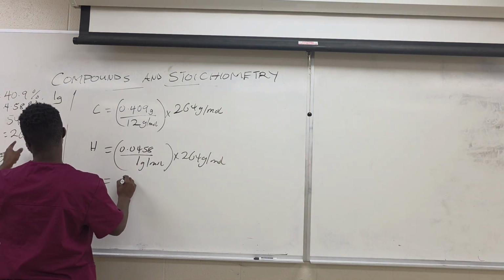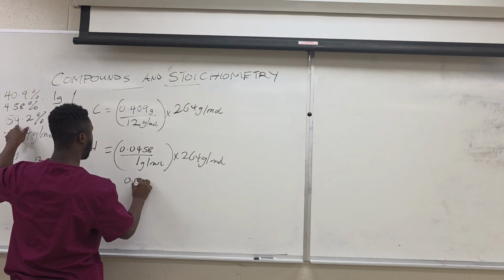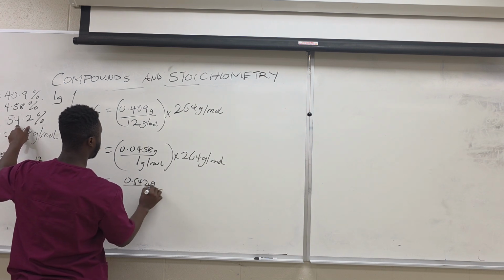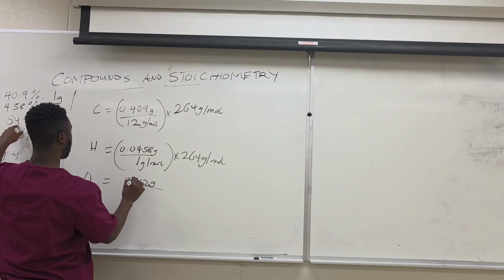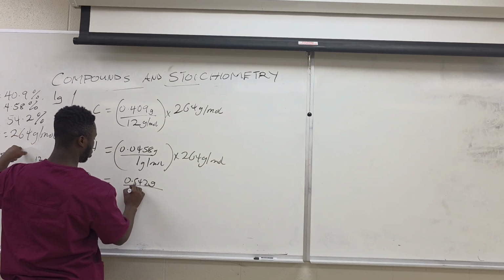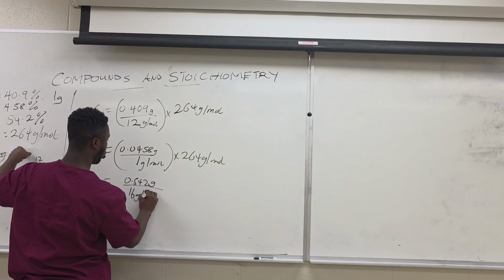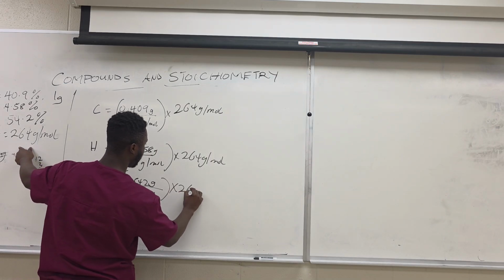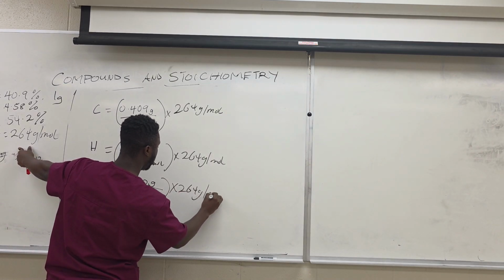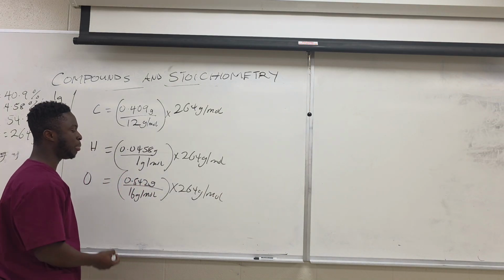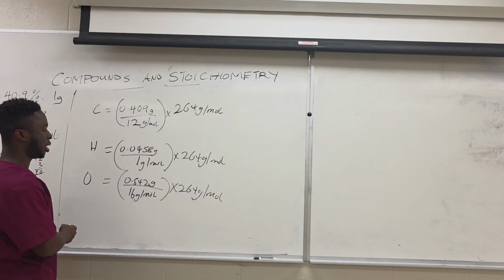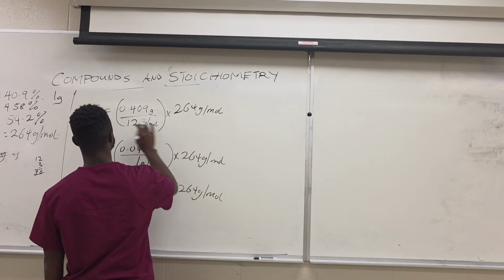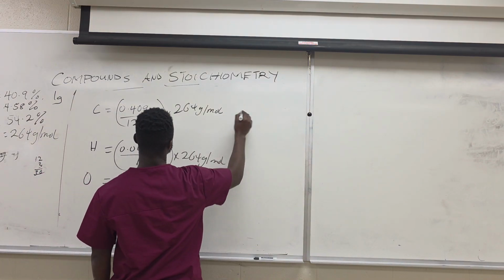It's going to be 0.542 grams divided by 16 grams per mole, times 264 grams per mole. So in this type of venture, I am going to find the ratio of carbon in this compound.